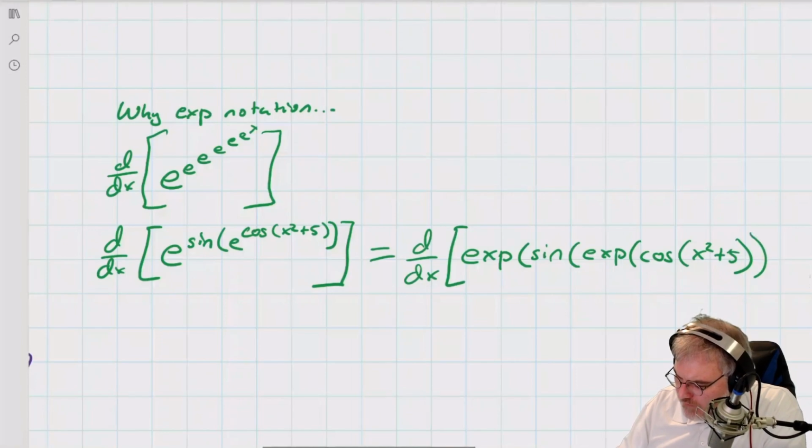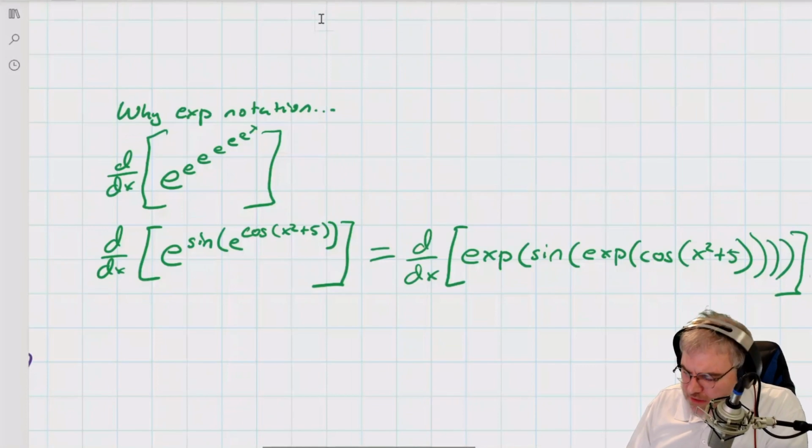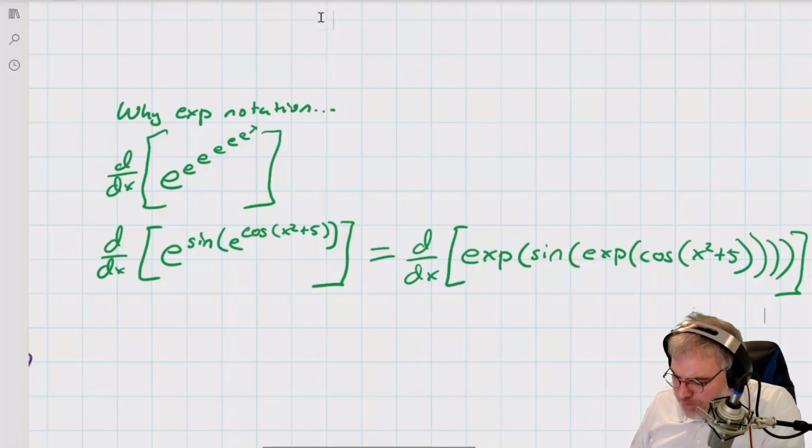This one is easier to read. It's easier to understand that you're doing the exponential of the sine of the exponential of the cosine of x squared plus 5.